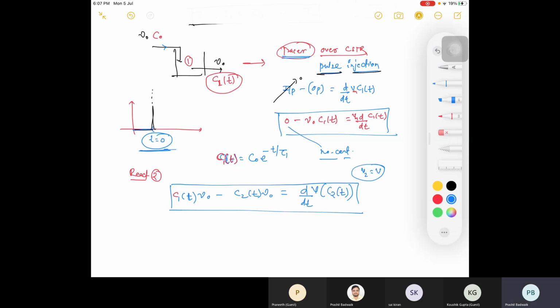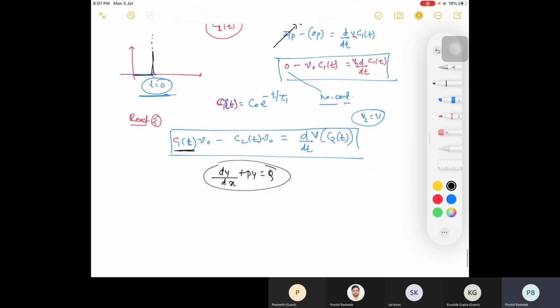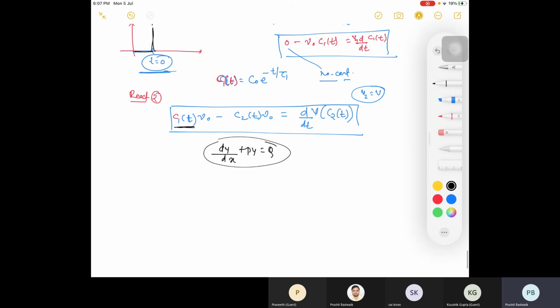Now if you substitute your value of C1(t) here, and do your analysis using dy/dx plus py equals q, right? So what will you get? You will get one equation, that is C2(t). So C2(t) can be written as C0 t divided by tau.